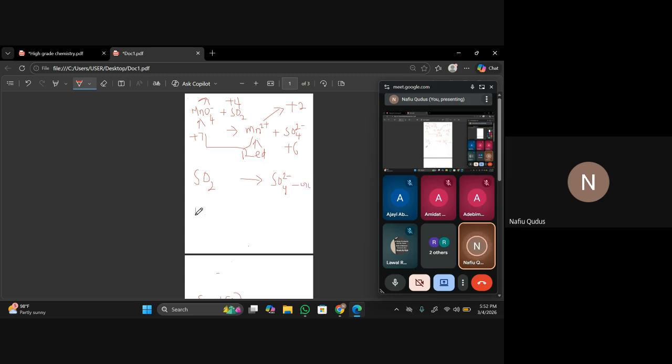While the second one, MnO4 minus, gives Mn2 plus. This is reduction. This is equation 2. We have split it now.